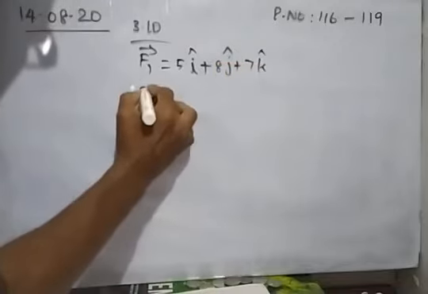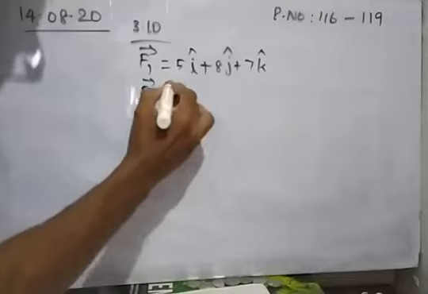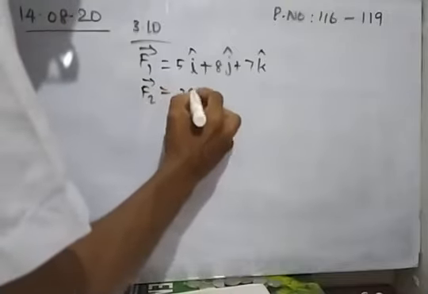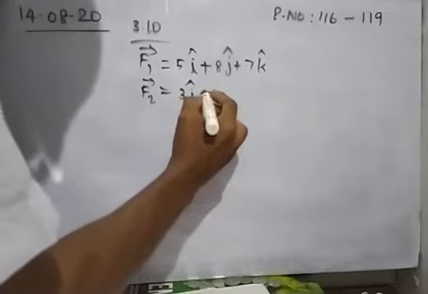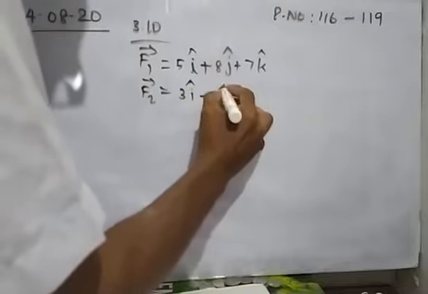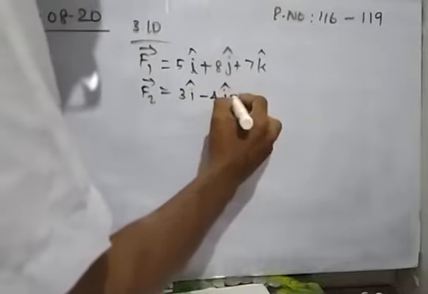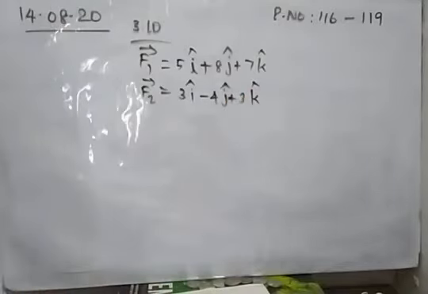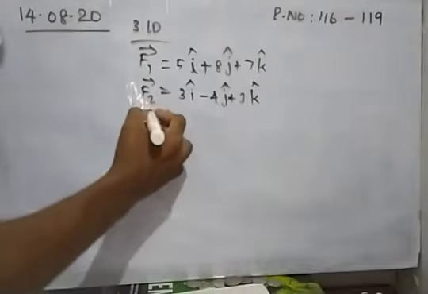The second force experienced by the same object is F2 vector equal to 3 i cap minus 4 j cap plus 3 k cap. We want to find the acceleration experienced by the particle.